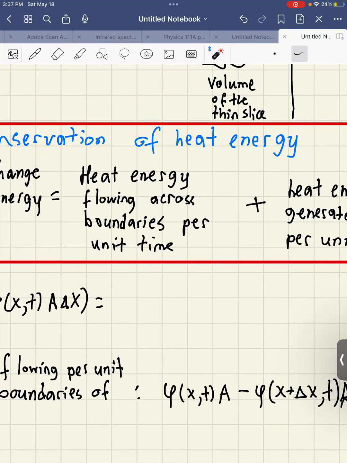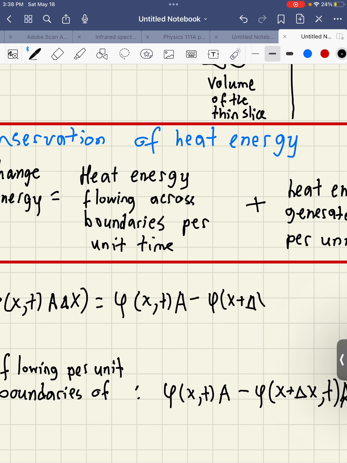So therefore, I can rewrite the heat energy flowing across the boundaries per unit of time in our equation as phi of x, t times the surface area, minus phi of x plus delta x, t times the area.